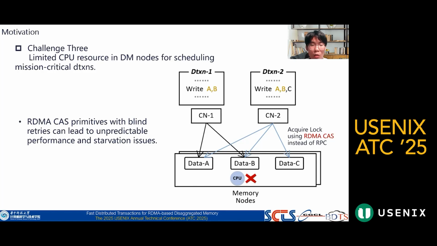Especially for mission-critical transactions, their execution priority should be enhanced to guarantee low latency. Since there are not enough CPU resources to schedule different transactions globally, it is difficult to accelerate mission-critical transactions in the DM environment.